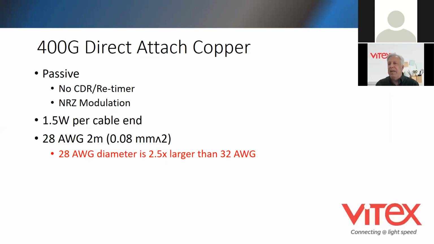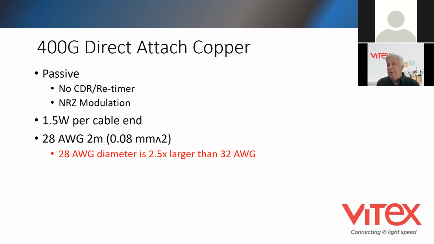With 400 gig, we're also going to be more limited by the thickness and bending radius of the copper cable itself, as opposed to signal attenuation. You're looking at, for power, 1.5 watts per cable end.